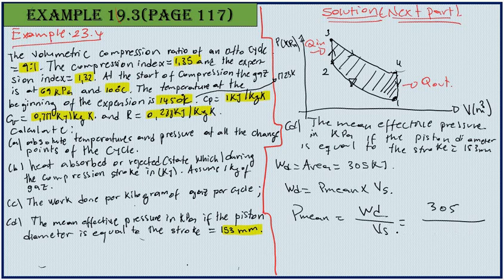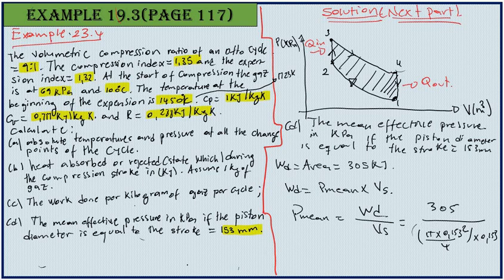And then we have the swept volume, which is given by the area multiplied by the stroke length. So we have pi multiplied by 0.153 squared over 4, because that represents the area, and we have the stroke length, which is 0.153. All this represents the swept volume.